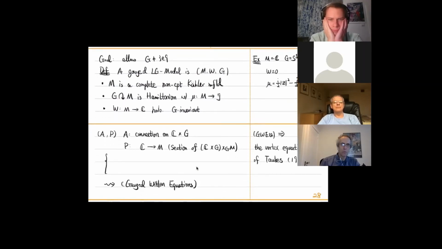Now it is stated for a pair (A, P), where A is a connection on the trivial G bundle over the domain C, and P is a smooth map from C to the Kähler manifold M. But you should really regard this smooth map as a section of the trivial M bundle over the domain. So whenever you take derivatives, you should really take covariant derivatives. So now the Floer equation is coupled with the connection A.